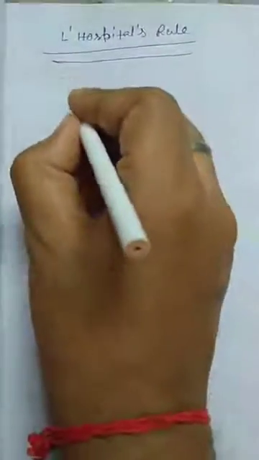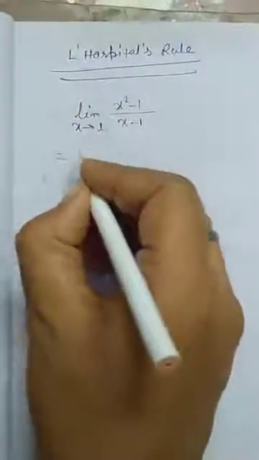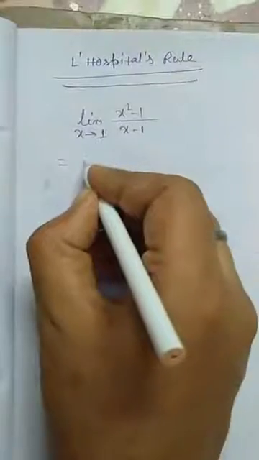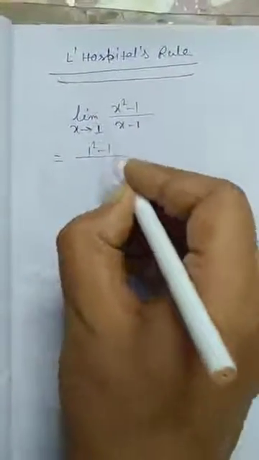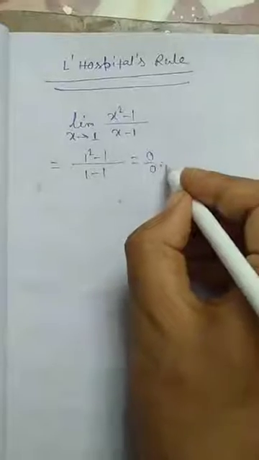Now we discuss a very important topic, L'Hospital's rule. Suppose we take a function limit x tends to 1 (x^2 - 1)/(x - 1). If I directly put x is equal to 1, we get (1^2 - 1)/(1 - 1), and this is equal to 0 by 0, which is undefined.